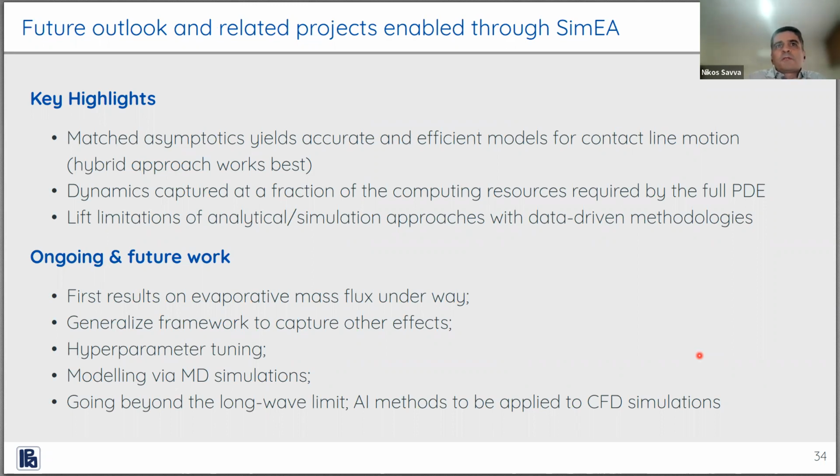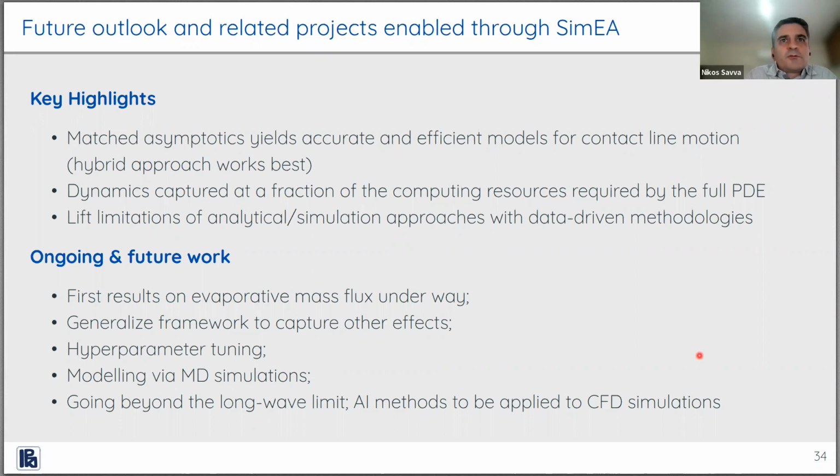But it is important to lift the limitations of analytical and simulation approaches with data-driven methodologies. For example, if we add other complexities to the contact line dynamics, this analytical approach becomes increasingly intractable. And this data-driven approach that we have proposed appears to be a viable alternative to produce accurate models.